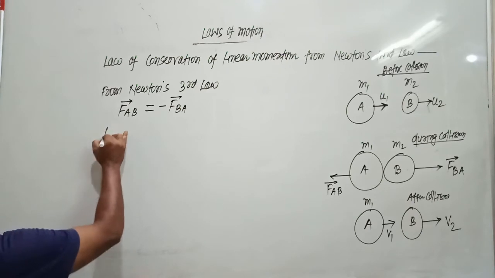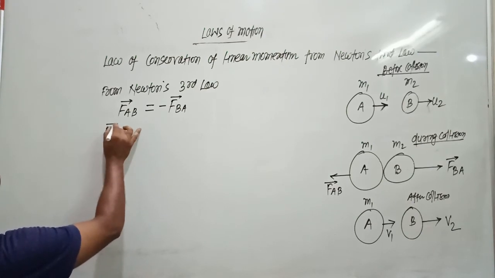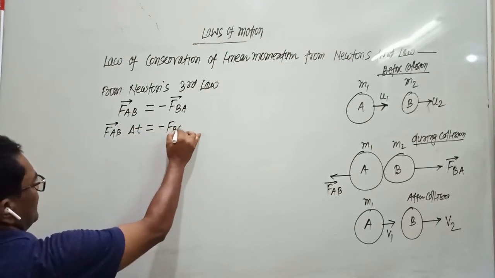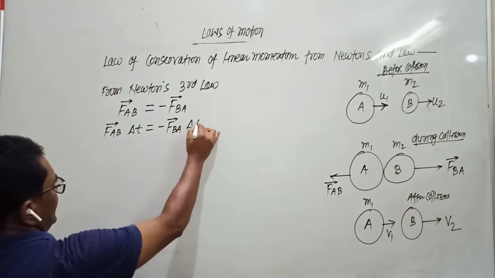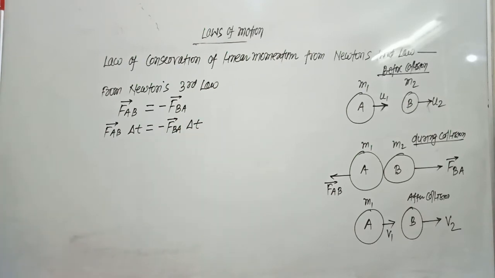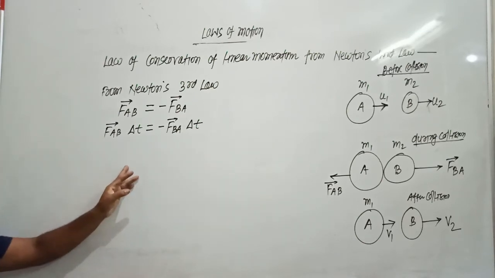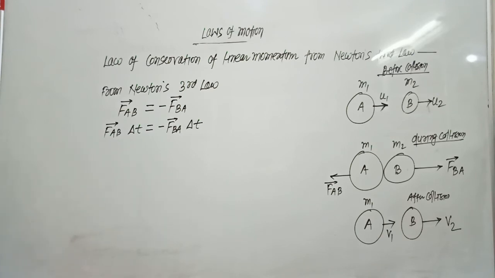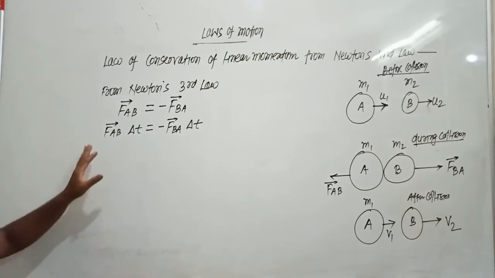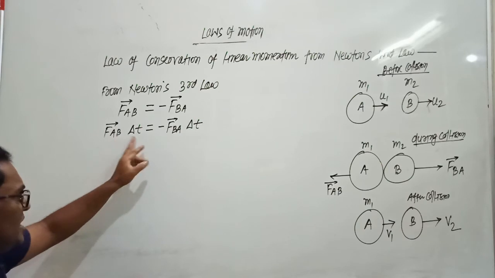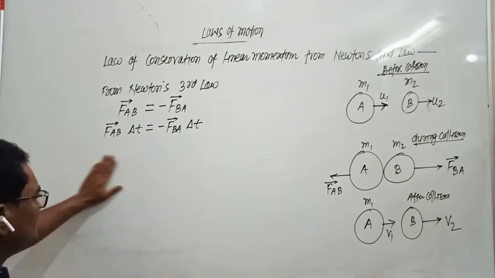So F of AB multiplied by delta t equals minus F of BA multiplied by delta t. Now this is the expression for impulse, force into time. Force into time is equal to impulse, and impulse is equal to change in linear momentum.